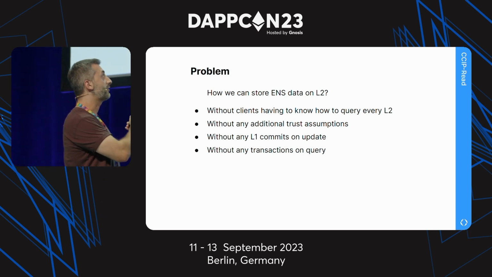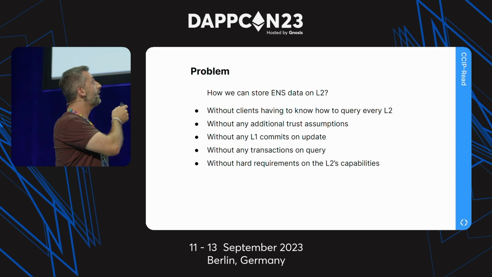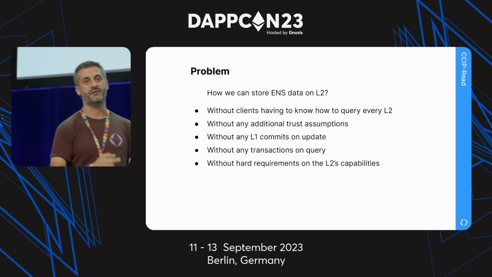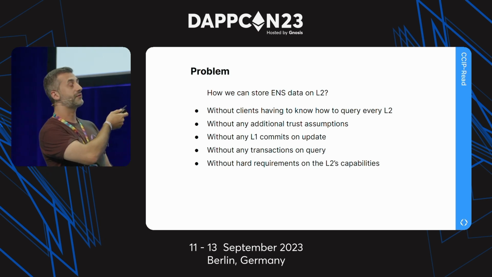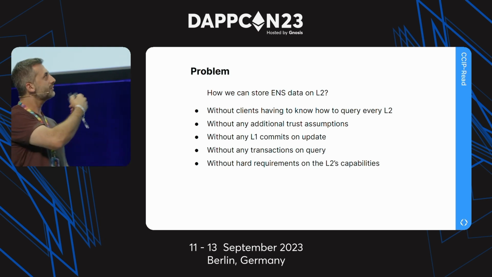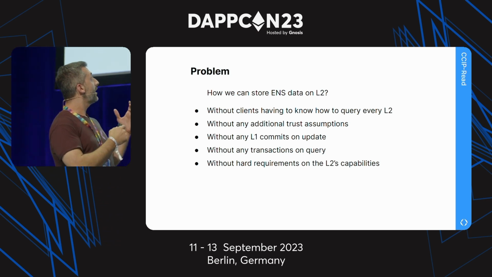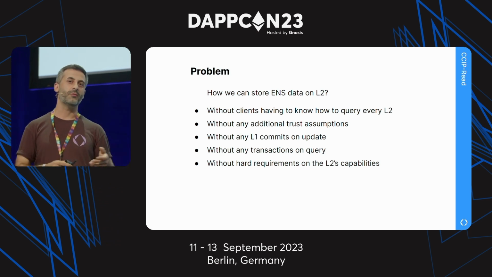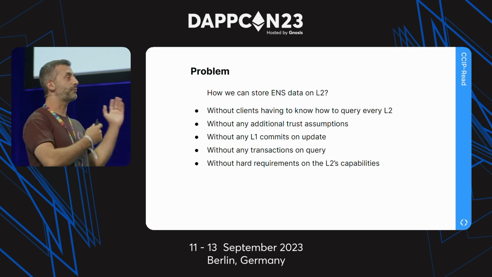So we shouldn't have any transaction on query. And without hard requirements on the L2 capabilities. So this actually connected with the trust assumptions, or maybe a little broader. We didn't want to add any additional requirement to any L2 to provide all these things. So this is our problem.